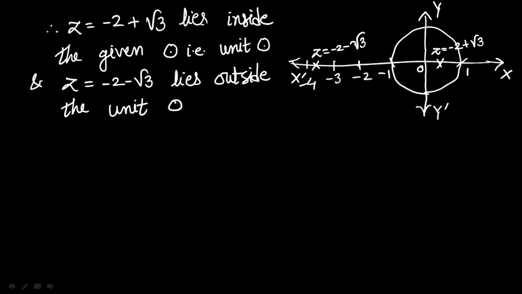Therefore, we have to find the residue for only the first pole, that means z equal to minus 2 plus root 3. This is a simple pole, therefore we apply the formula for a simple pole.